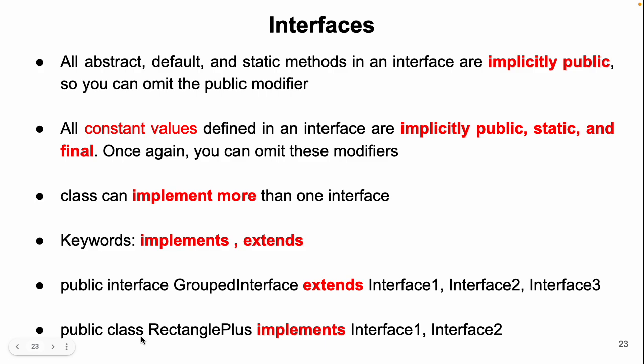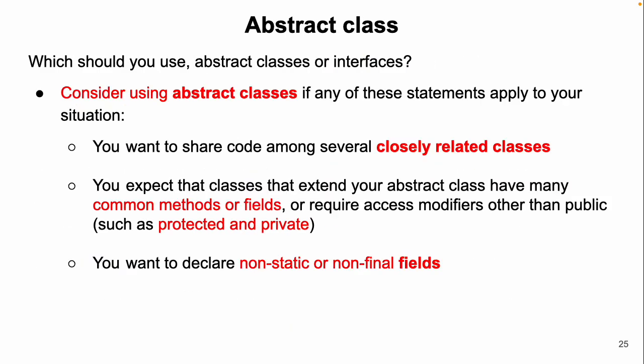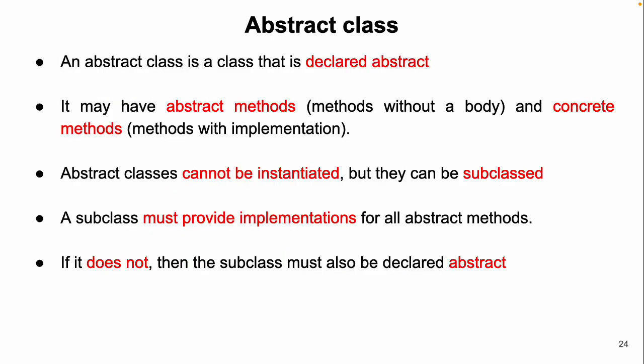I can inherit the properties and behaviors from both interface 1 and 2, but in the case of classes I cannot do so. I can inherit only one class at a time to a subclass. Okay? So I will repeat.